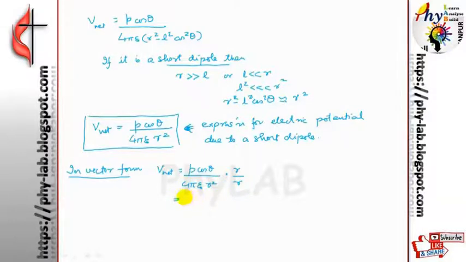In the numerator I get P into R cos theta upon 4 pi epsilon naught R cube. Now P is the dipole moment vector and R happens to be the radius vector. The radius vector is the vector directed from the midpoint of the dipole to the point P where the electric field is to be found out.